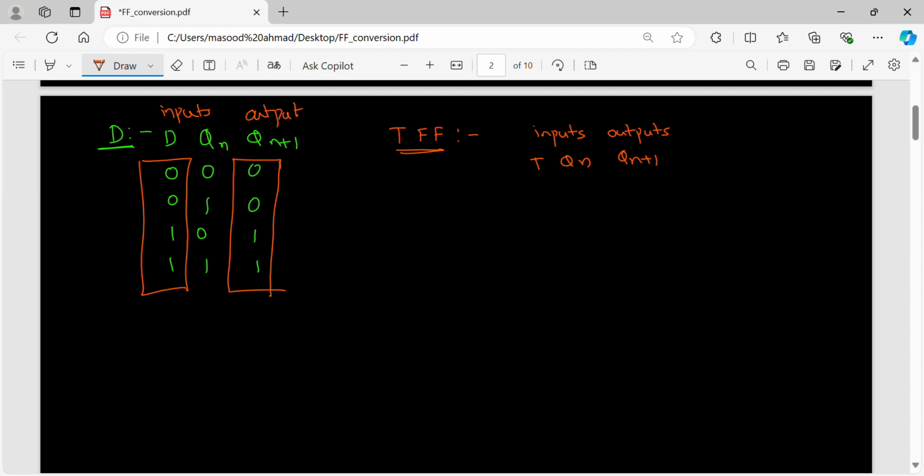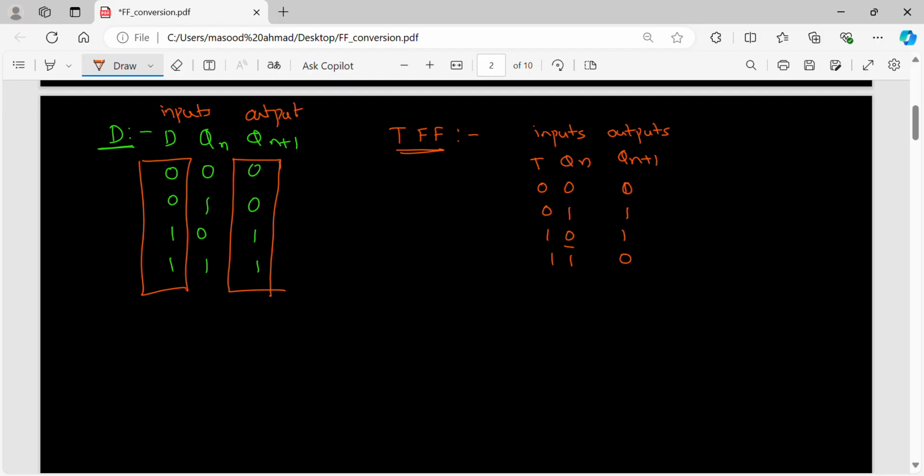Now look at the set of possibilities 0 0, 0 1, 1 0, 1 1. When T is equal to 0, the next state is the same as the present state. When T is equal to 1, the next state is the complement of the present state. Complement of the present state: 0 becomes 1, 1 becomes 0.